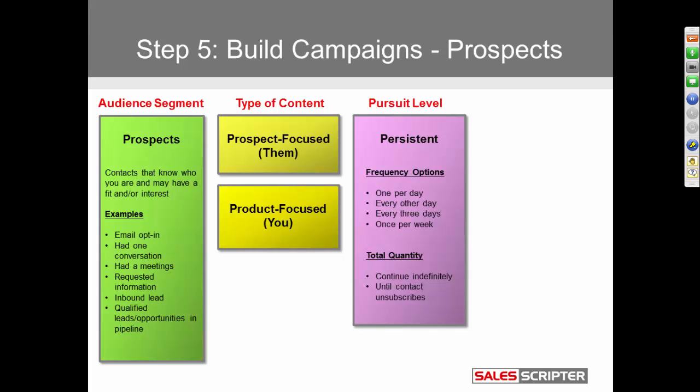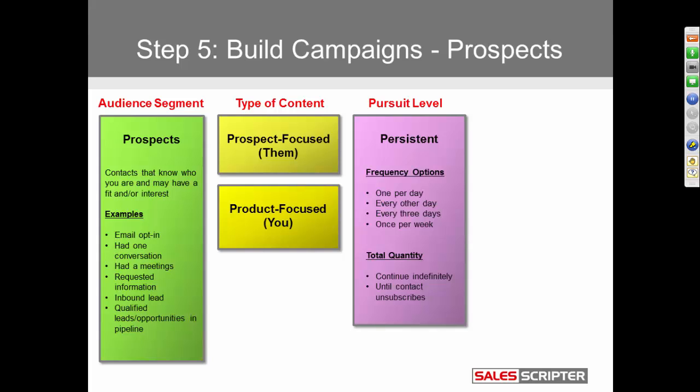The pursuit level, we can be persistent with this at this level. A good example of this might be somebody who opts in to your list from your website. If you opt in on my website, what you'll get is our ebooks. You're going to get an email from us every other day, I believe is the frequency. That might switch to every 3 days as you get into that particular email drip campaign.